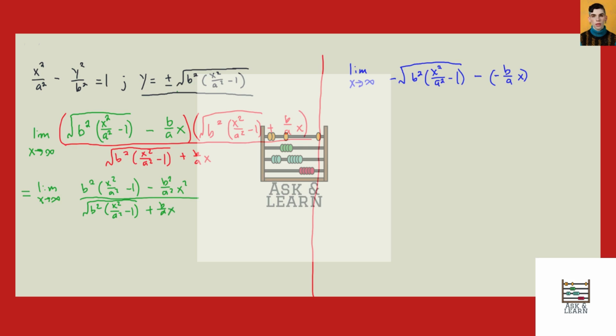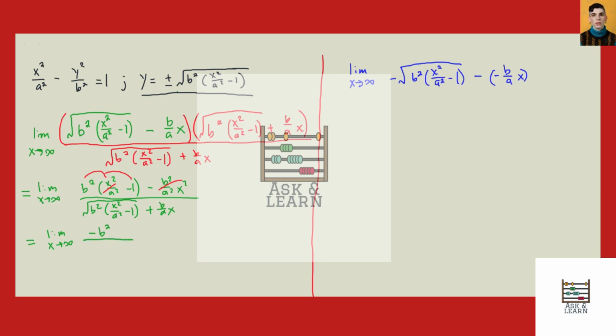Right. Now notice if we were to distribute this b squared, then we'd end up with a positive b squared x squared over a squared. So that ends up canceling out with that there. And we're going to be left with, in the numerator, just negative b squared.